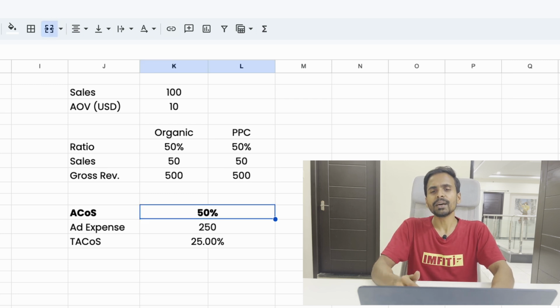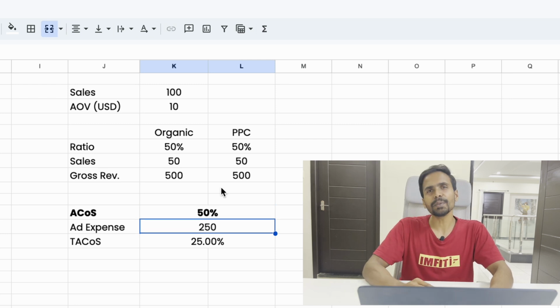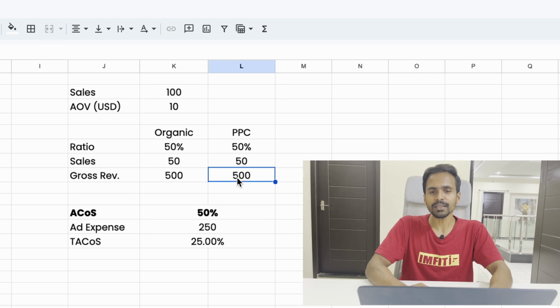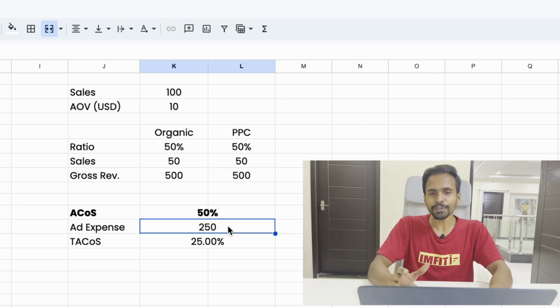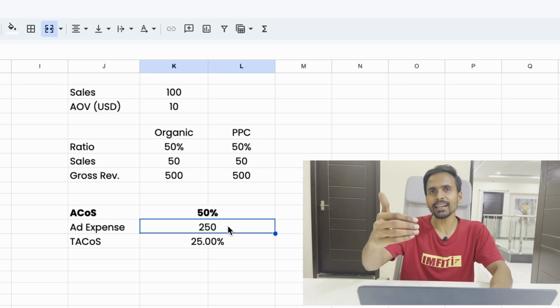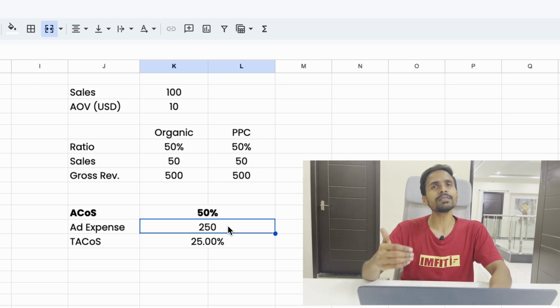Now let's assume that our ACoS is around 50%. 50% of my PPC revenue, which is nothing but 50% of $500, is equivalent to $250. When I look at it from a TACoS perspective, my overall revenue is $500 organically and another $500 through PPC.